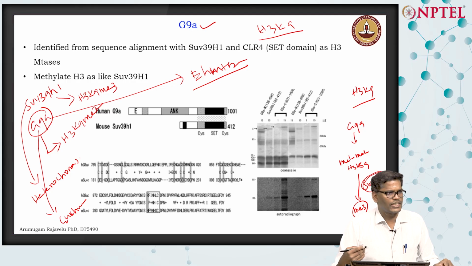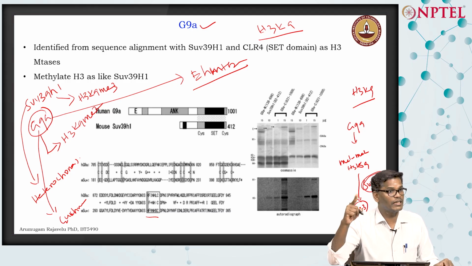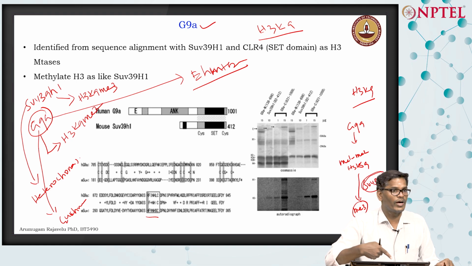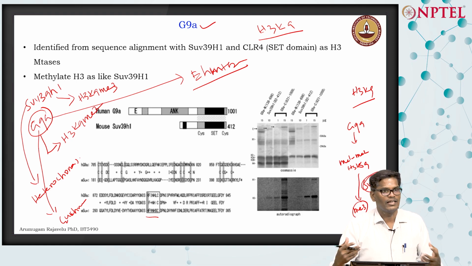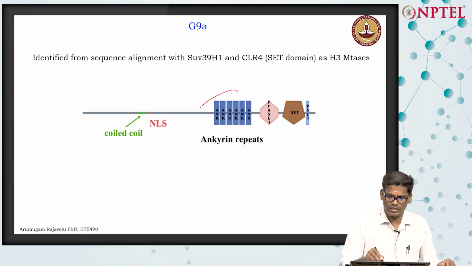Both carry the SET domain and the same catalytic motif. This is all almost similar, but the substrate preferences vary. That is why mutations explain the differential substrate preferences. But G9A has additional domains, called ankyrin repeat regions.